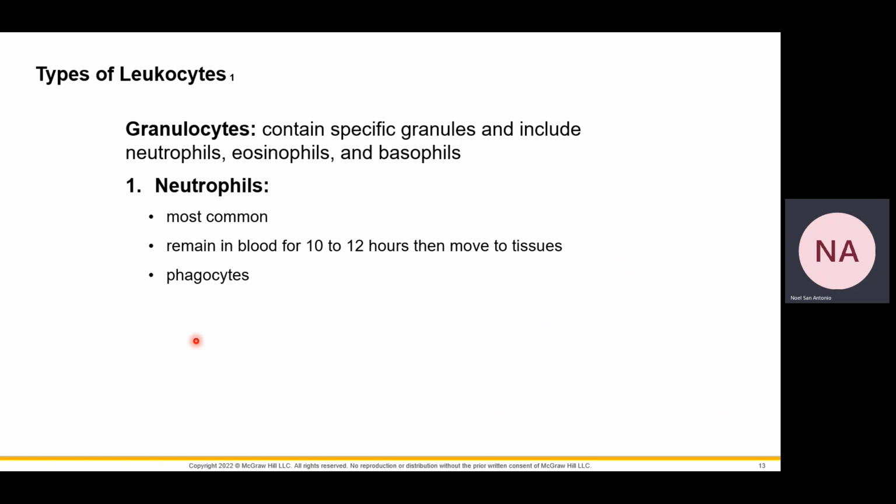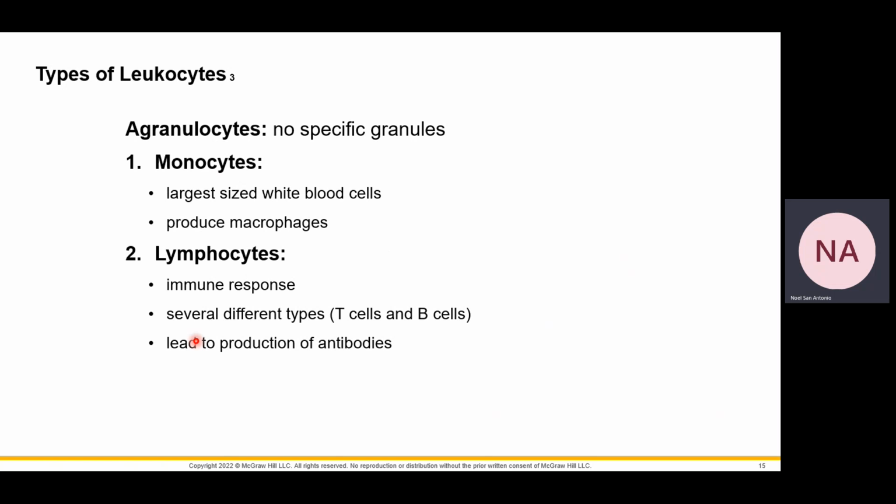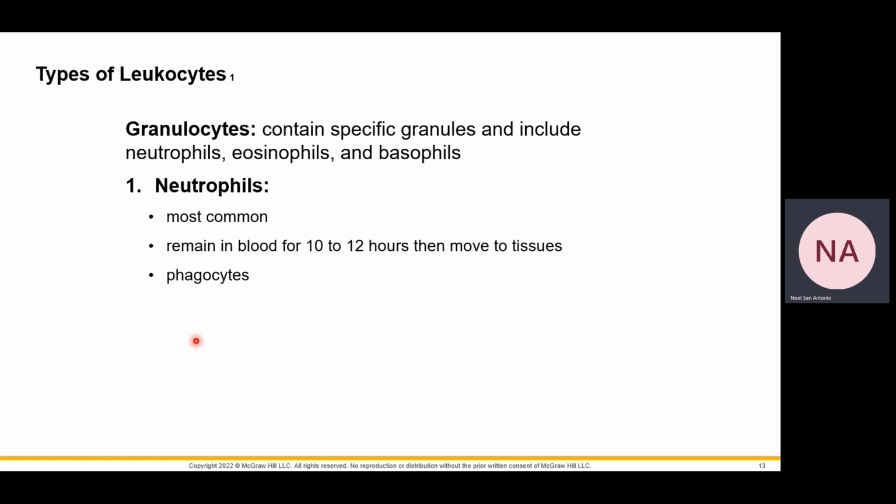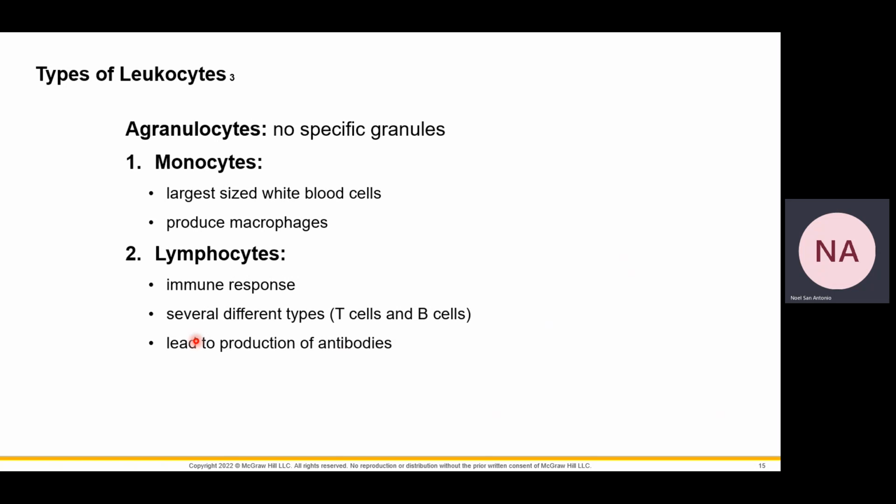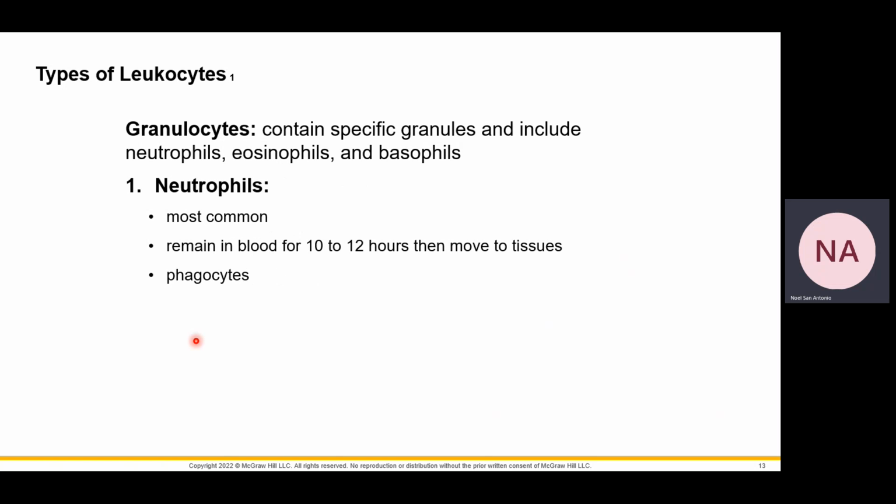So what are the different types of your leukocytes or white blood cells? They can be classified as granulocytes and agranulocytes. Granulocytes and agranulocytes is based on their appearance under the microscope.